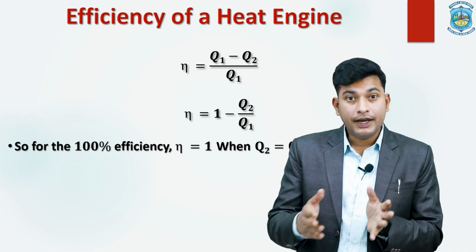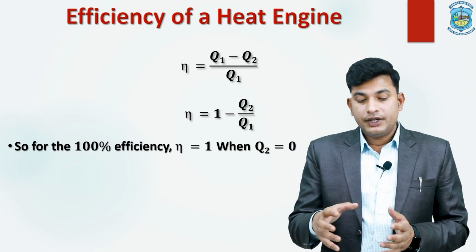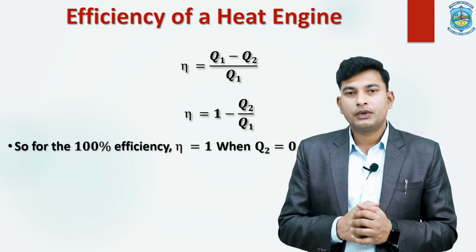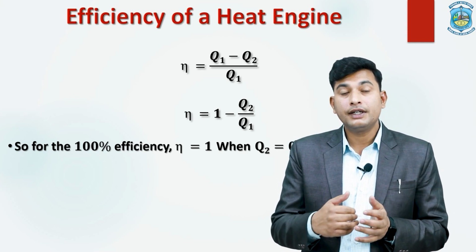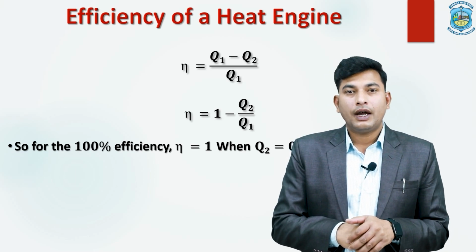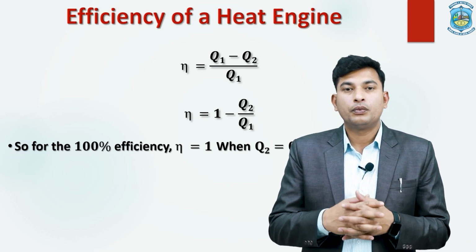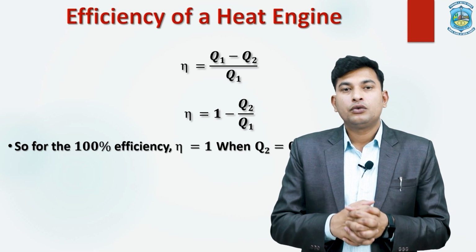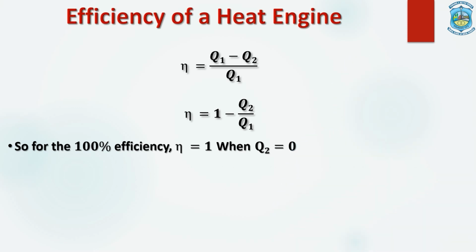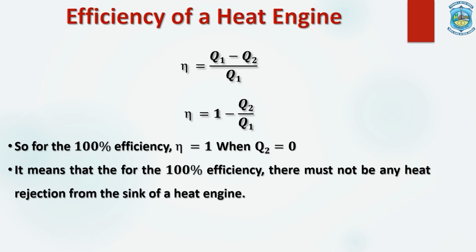So, we are saying that the heat rejected by an engine is 0, meaning that whatever heat is coming from the source towards the engine, we completely utilize, and the resultant output is always converted into work, and there will not be any rejected heat. So it is completely impossible. It is just an ideal theory, and practically it is not possible.